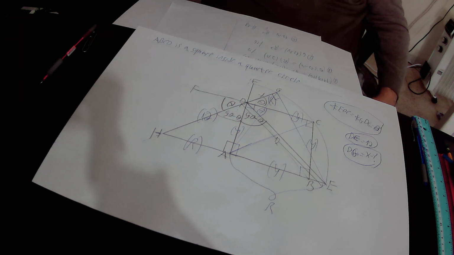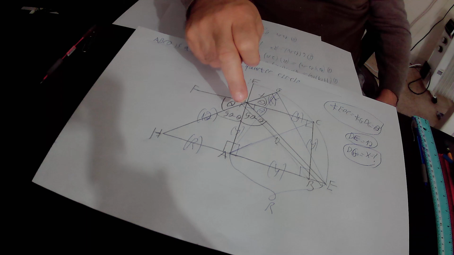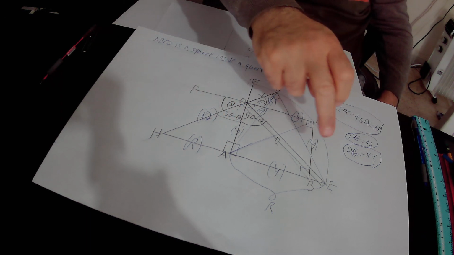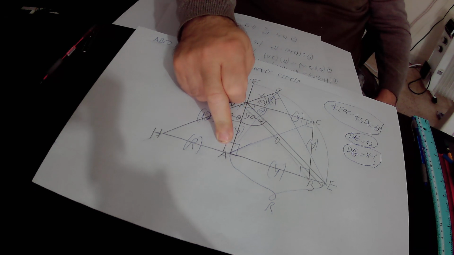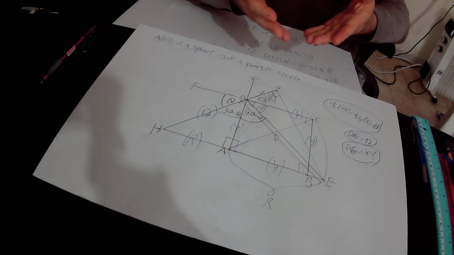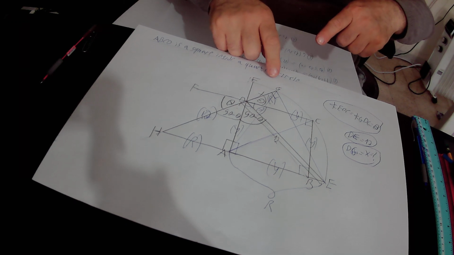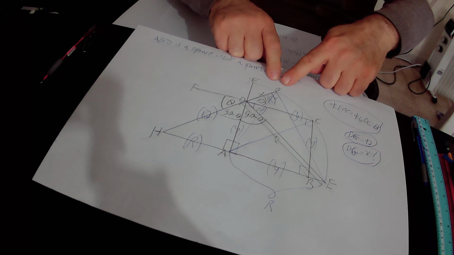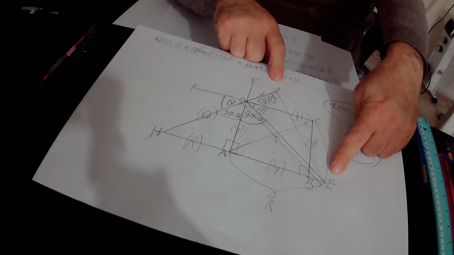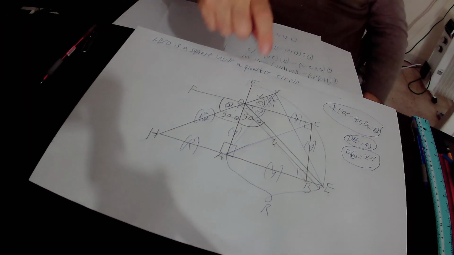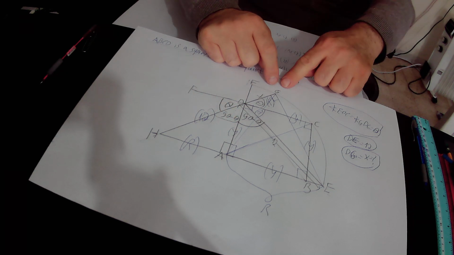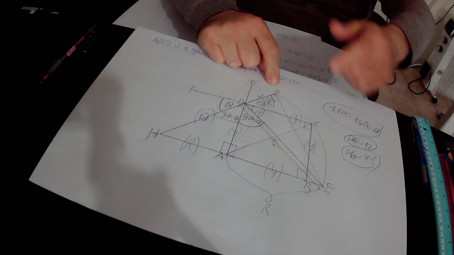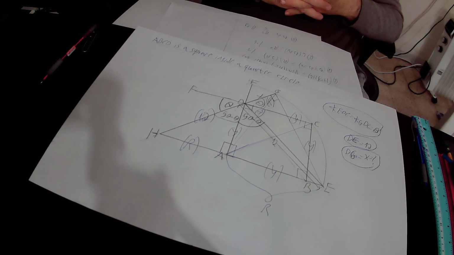But from the other side, if we complete this quarter circle to a circle, then the center of the circle that will be created by completing the quarter circle to a circle must be at point A. And it is clear that the circle also passes through points G and E, because the quarter circle passes through points G and E. So we have here two circles that have the same center, that is A, and they both pass through points G and E. And therefore those two circles are identical.